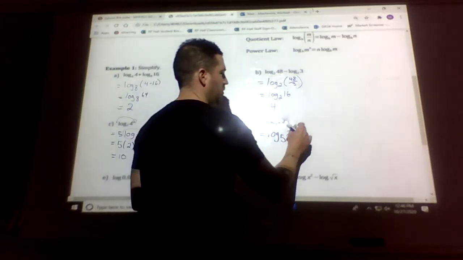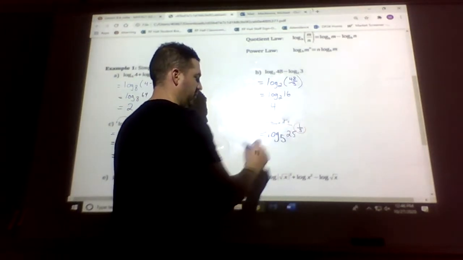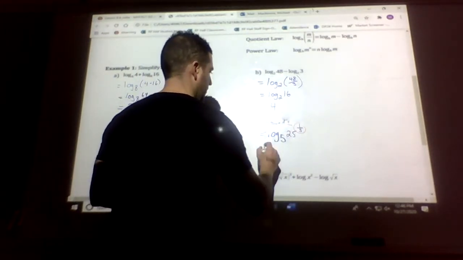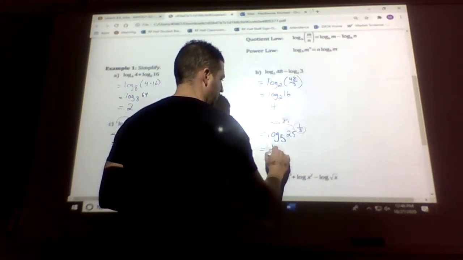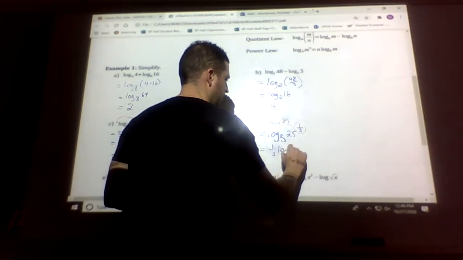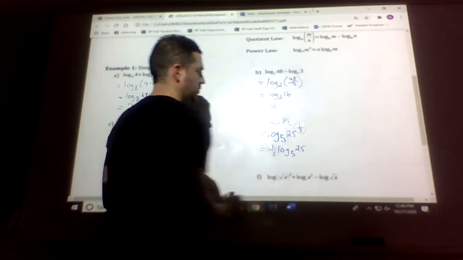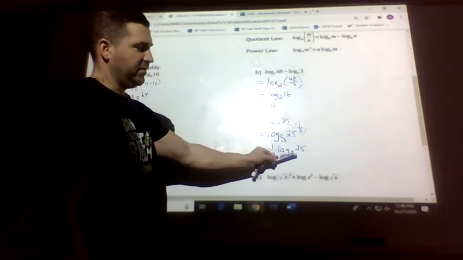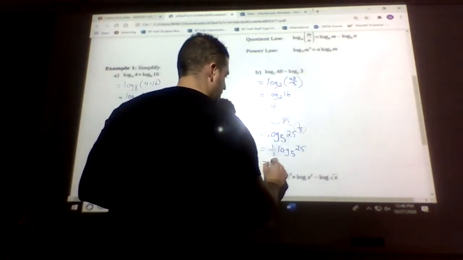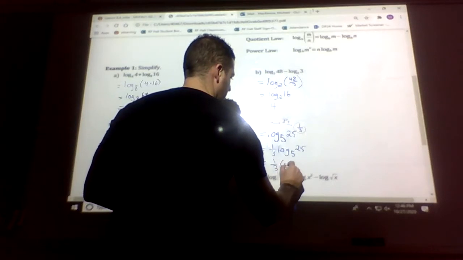Now we have it in the exponent, then we have a log, we can bring it to the front. So we have 1 over 3 log base 5 of 25. Log 25 divided by log 5 is 2. So we have 1 over 3 times 2.